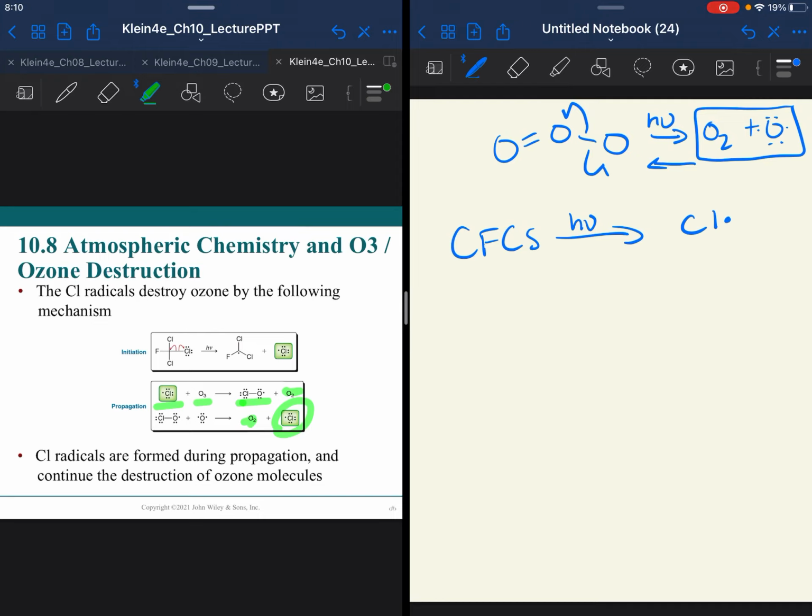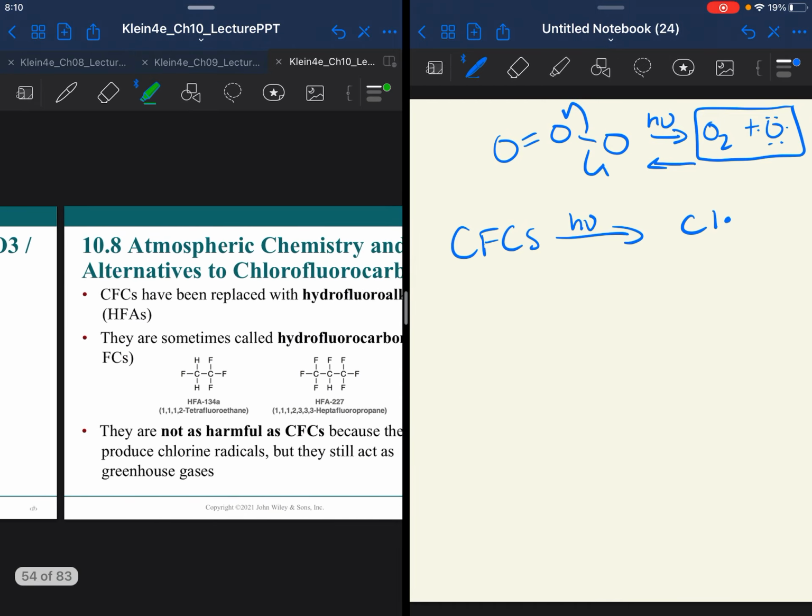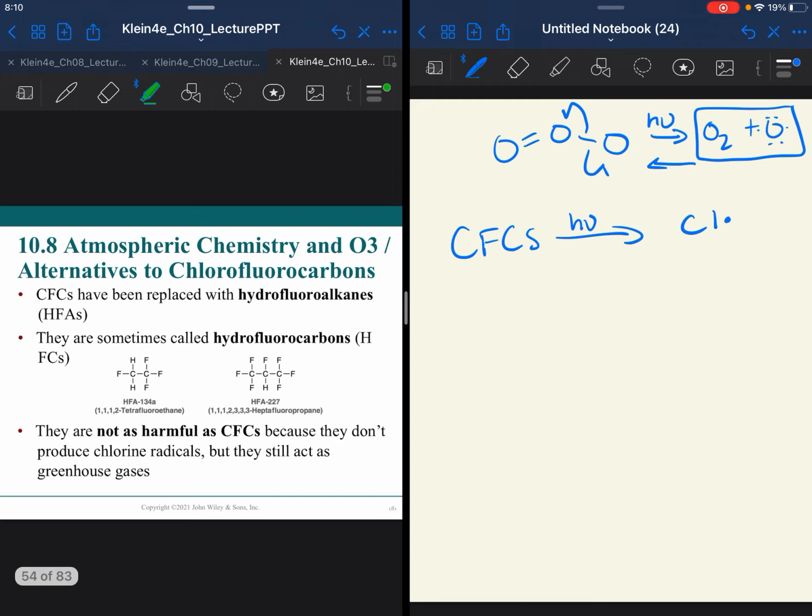So we want to limit these chlorine radicals that are making it into the atmosphere and destroying the ozone. And so one fix to this was that CFCs were then replaced with fluoroalkanes, HFCs or hydrofluorocarbons.